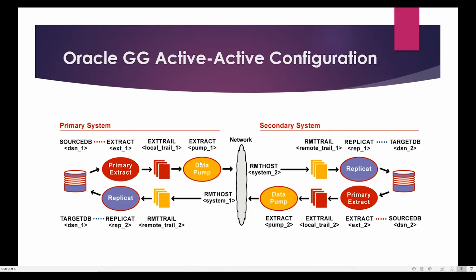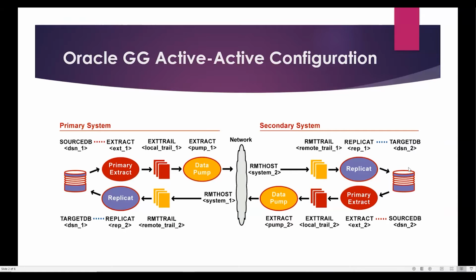From there, we use a data pump, which will transmit this data from the local trail file to the remote trail file. On the target side, we have a replicat running, which will read the remote trail file and write the data in the target database.